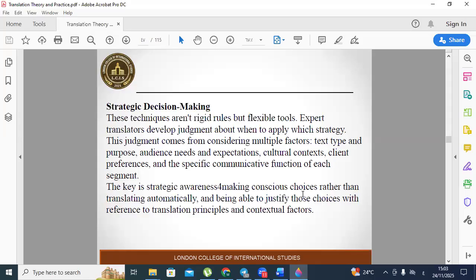The key is strategic awareness, making conscious choices rather than translating automatically, and being able to justify those choices with reference to translation principles and contextual factors.